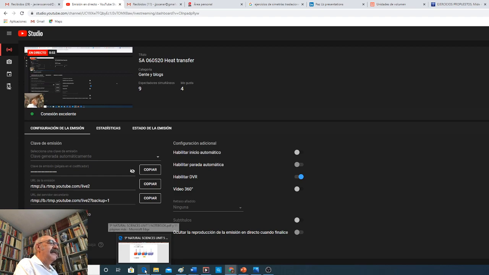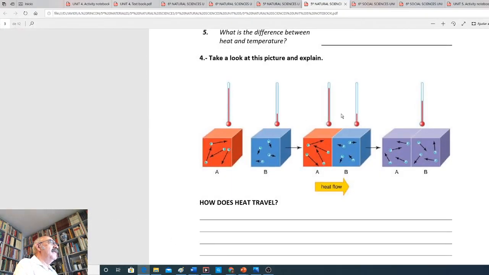So, let's get started. Please go to your exercise part, your notes. We have some exercises to correct. Remember exercise number 4. We're talking about heat energy, and you have an exercise about this picture that represents two different bodies: A, a hot body, and B, a cold body, and they have different temperatures.